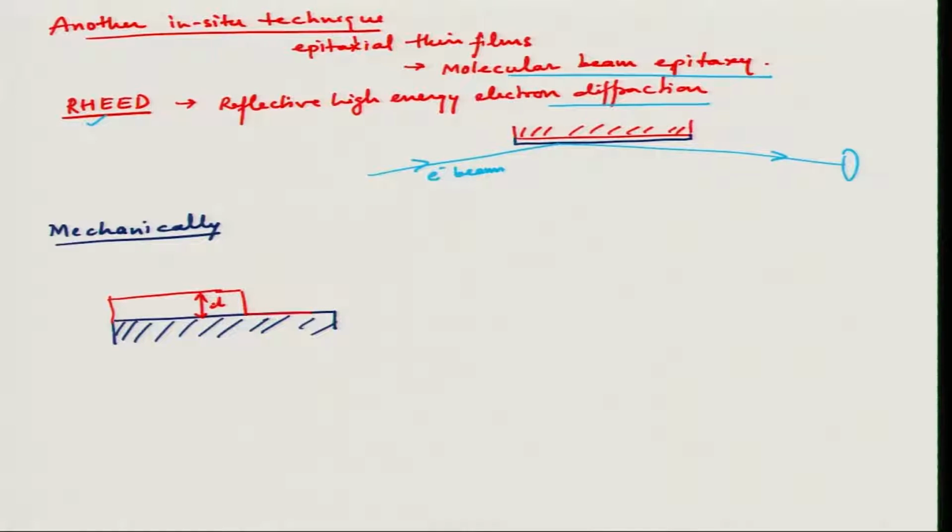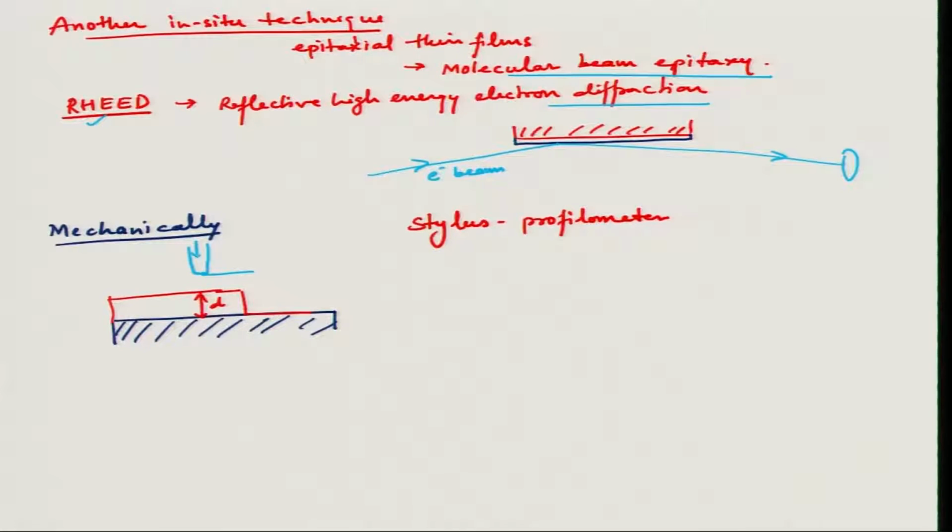Now, you use a stylus, and this technique is called stylus profilometer. In this technique you use a mechanical stylus which is usually a diamond or a very hard material like silicon carbide tip.